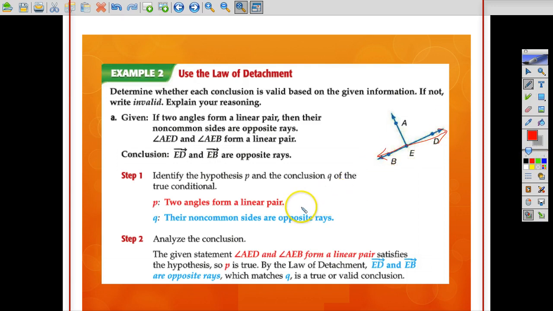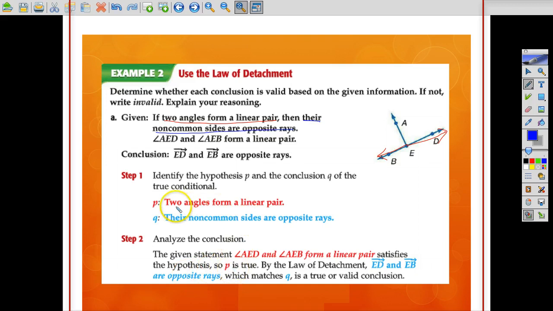So we're going to identify the hypothesis and the conclusion. The hypothesis, two angles form a linear pair, is the if part. The conclusion, the then part, is their non-common sides are opposite rays. Analyze the conclusion. The given statement, angle AED and angle AEB form a linear pair, satisfies the hypothesis.